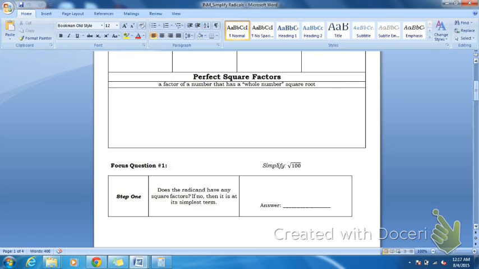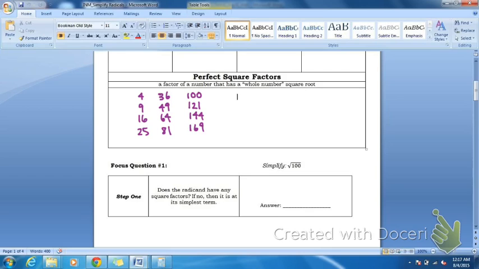I'm going to write a whole list of these: 4, 9, 16, 25, 36, 49, 64, 81, 100, 121, 144, 169, let's go a little bit more, 196, and let's just say 225 for now. That's actually 2 through 15 squared.